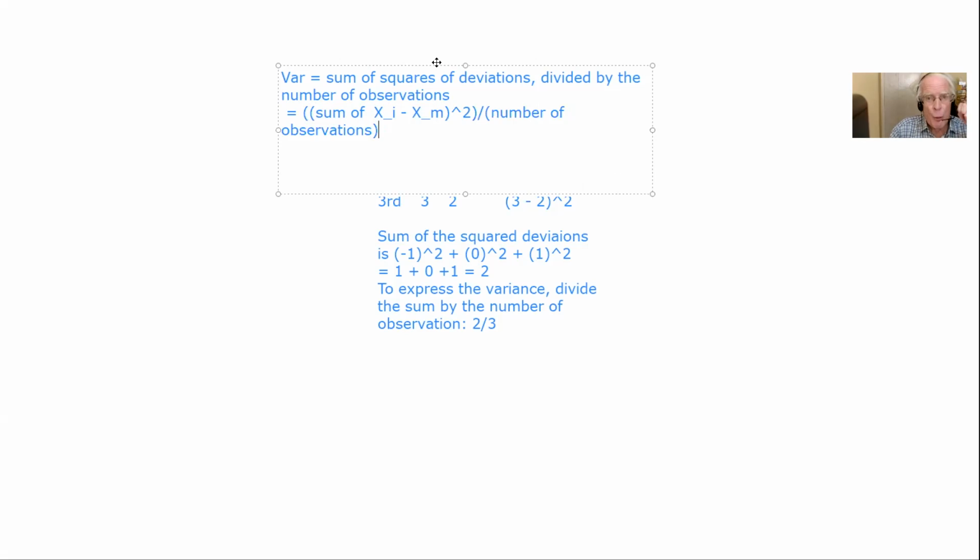The critical point to note is that variance will increase as the deviations become larger and larger. Remember that the deviation is the difference between the current value of x and the mean value of x across all the observations.